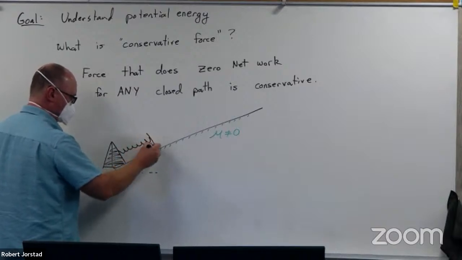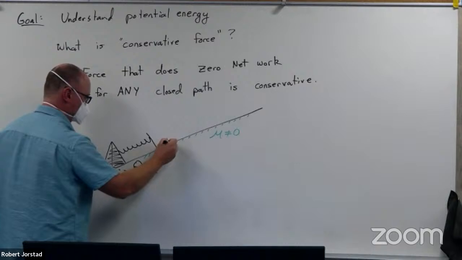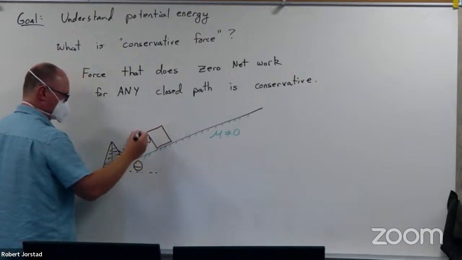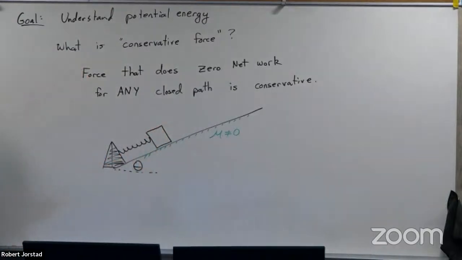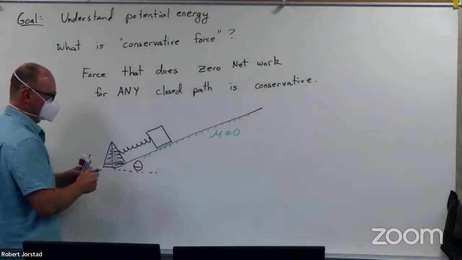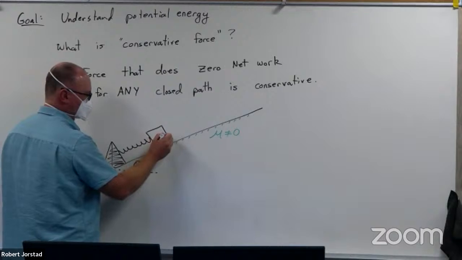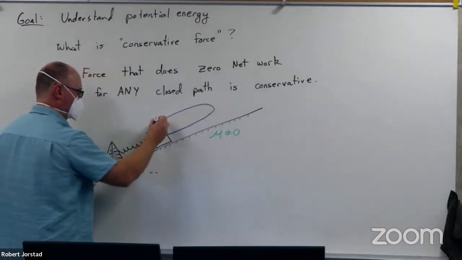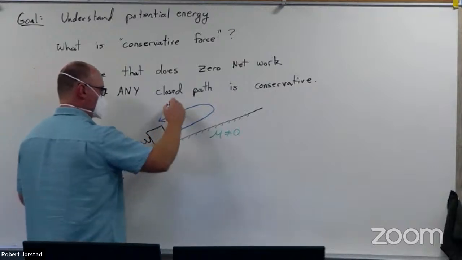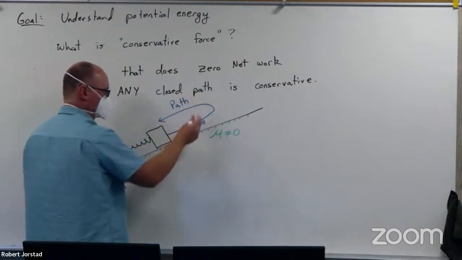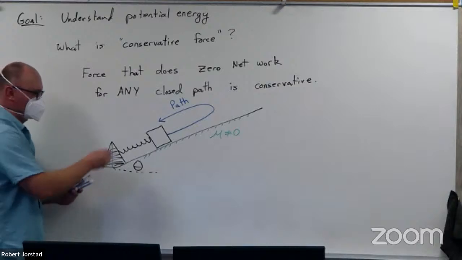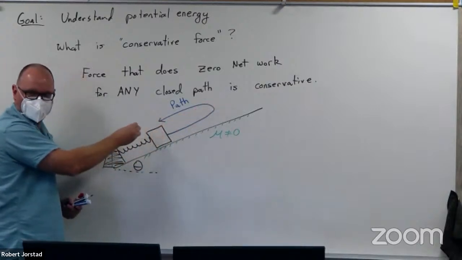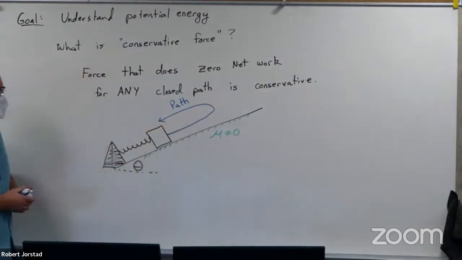And let's say I have a block here. Now, in this case, imagine I take this block and I pull it up the hill and then back down. So this is the path. The vertical dimension, I'm not actually going to lift it up in the air, I'm just pulling it up and then bringing it back down. Everybody cool with that?